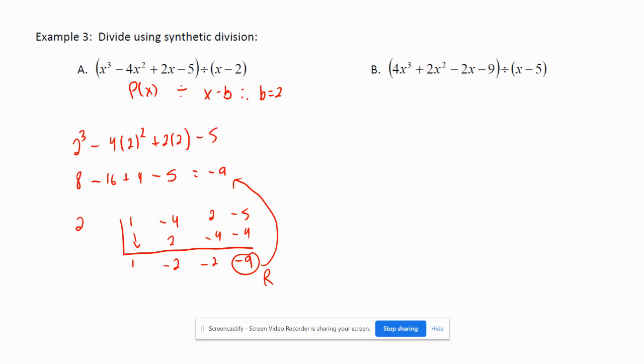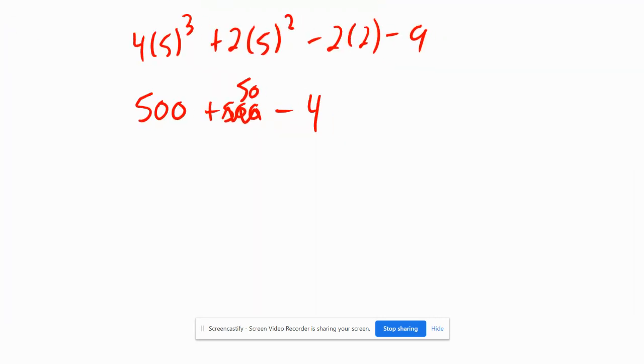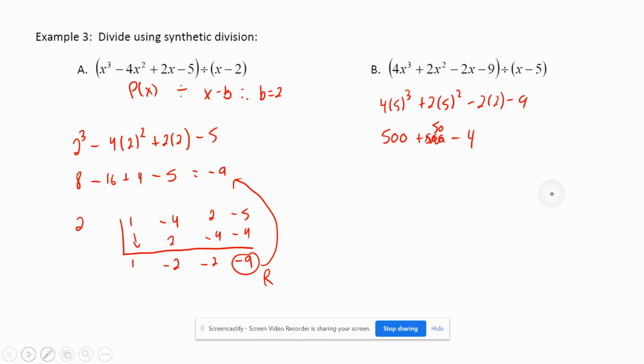If we do this one over here as well, I'm going to put in a 5 for my x's. I get 4 times 5 cubed plus 2 times 5 squared minus 2 times 2 minus 9. 5 cubed is 125 times 4 is 500. 25 times 2 is 50, not 500, minus 4.